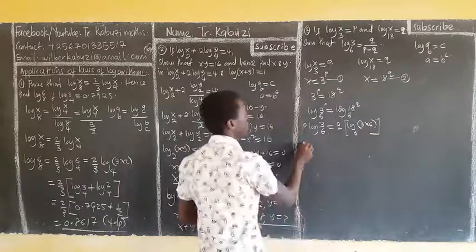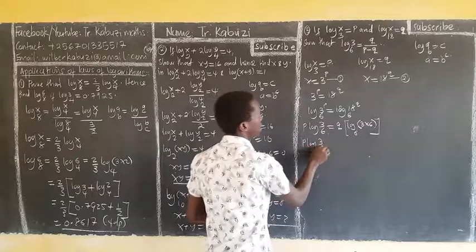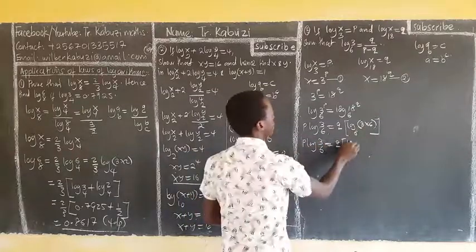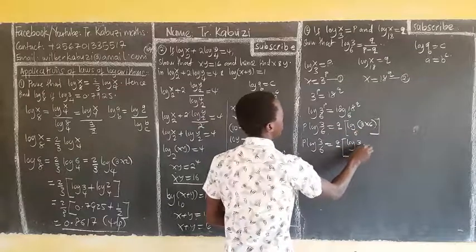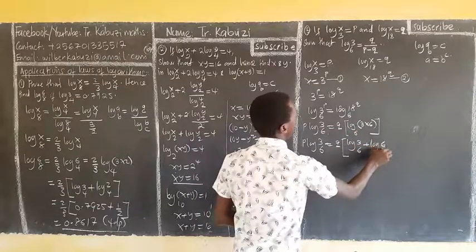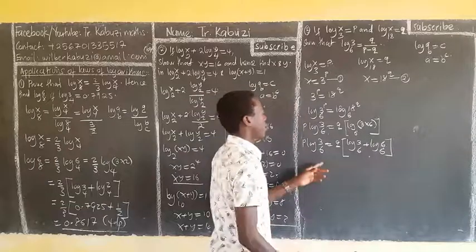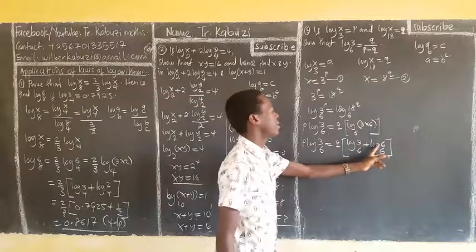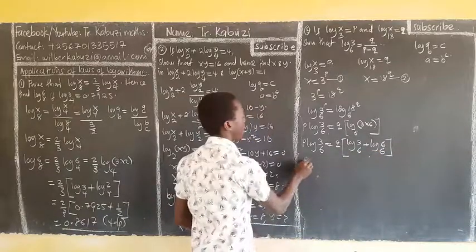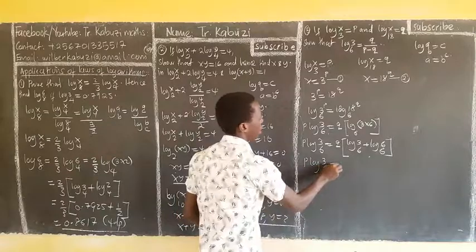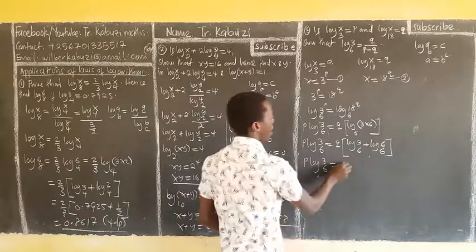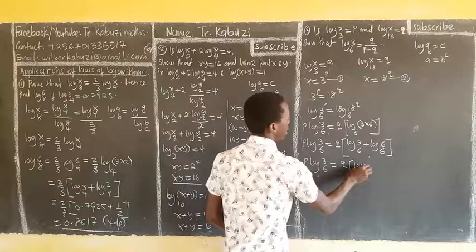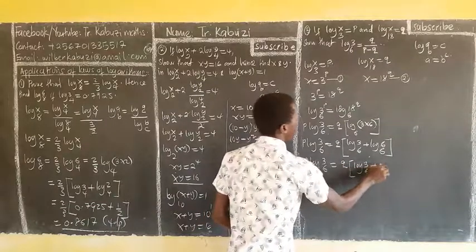So if we expand that, we have p log 3 base 6 equaling to q. Now this will be log 3 base 6, then plus log 6 to base 6. So log 6 base 6 is 1. So we have p log 3 base 6 equaling to q, if I multiply there, then plus 1.